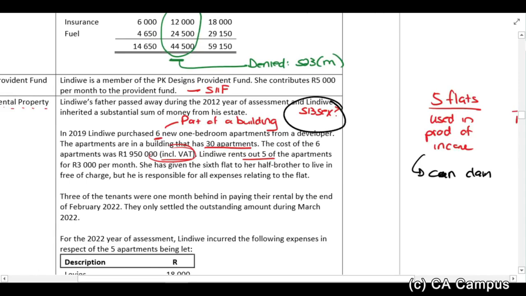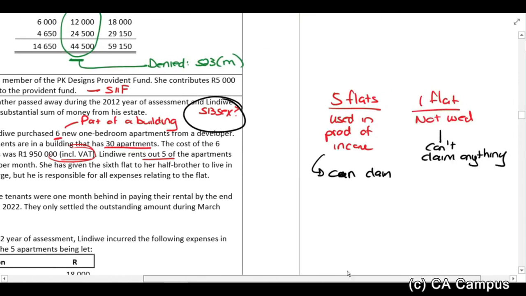Now, will Section 13.6 apply? Section 13.6 applies when you own at least 5 units in South Africa. So Section 13.6, yes, it will apply. Now, the moment you see Section 13.6, you have to think about things like low cost residential units.